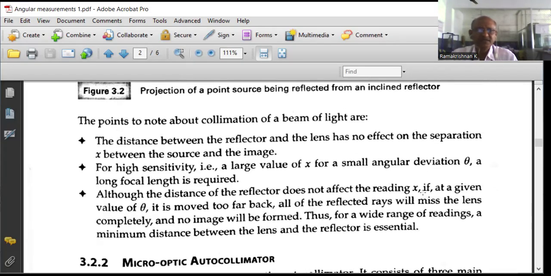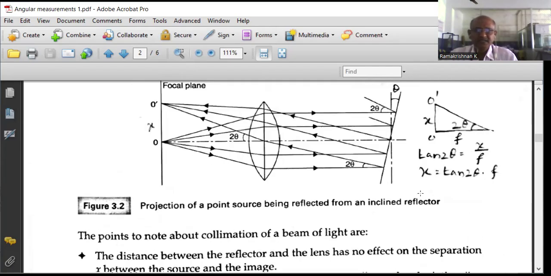The important things to be noted while working with the autocollimator are that in the formula, there is no distance between the collimating lens and the reflector. Only f comes into action.